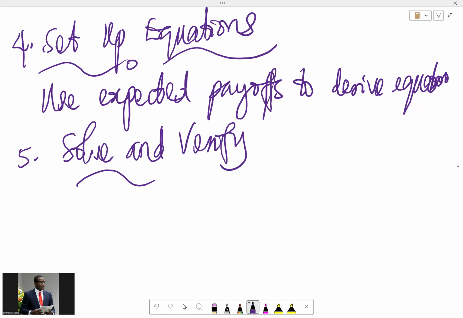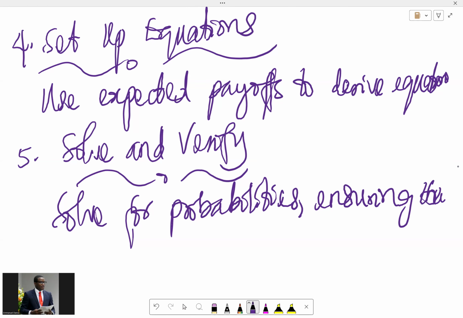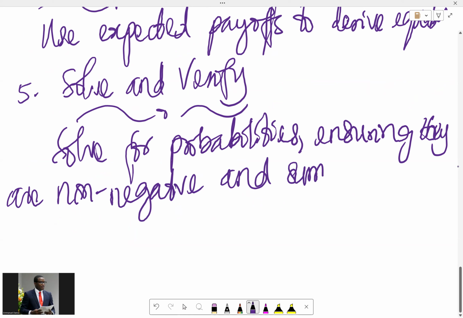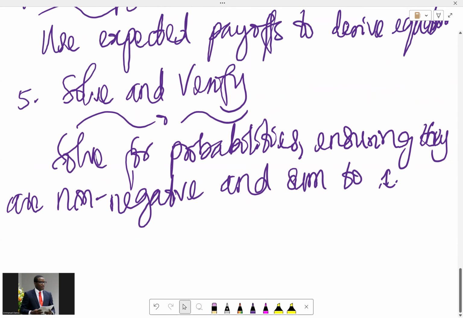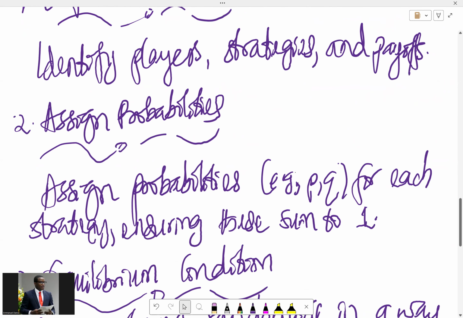Here, you solve for probabilities, ensuring they are non-negative and sum to 1. Okay, so those are the procedures you need to follow to calculate mixed strategy Nash equilibrium.